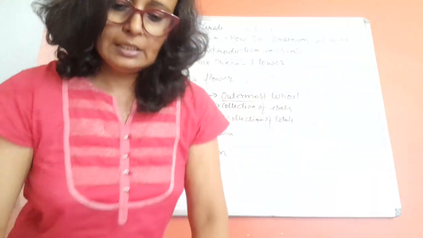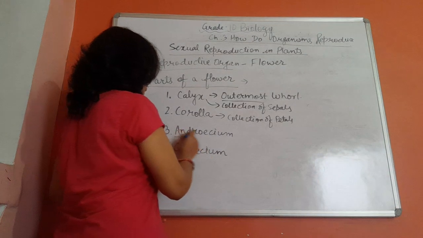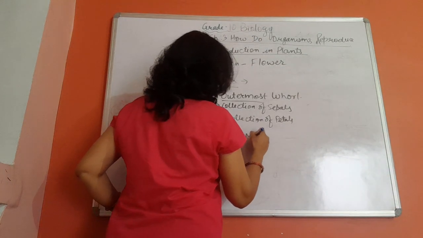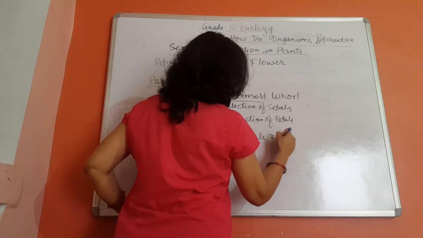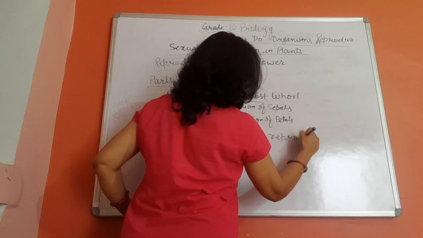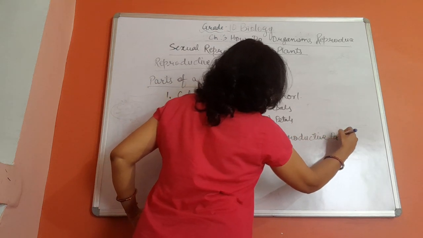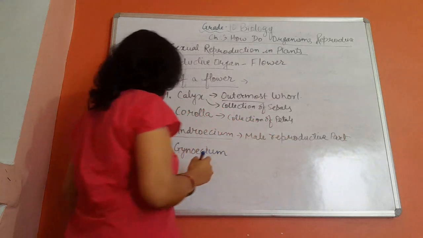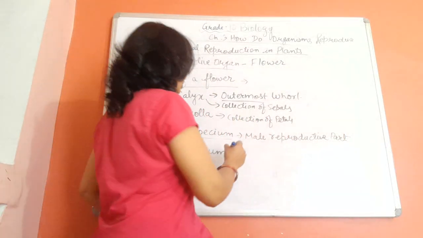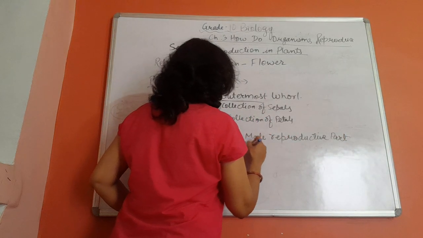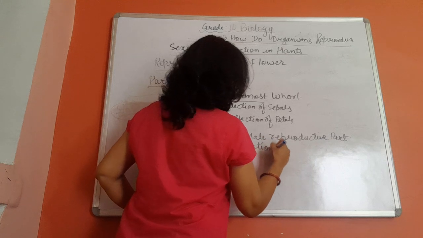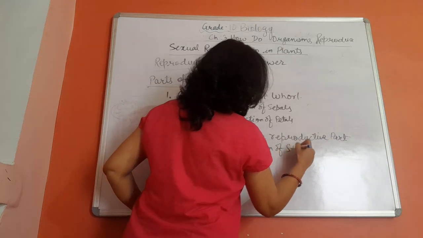Now the third part is called androecium. This is male reproductive part. Male reproductive part is androecium. And again, androecium is basically collection of stamen. What is this? Collection of stamen.